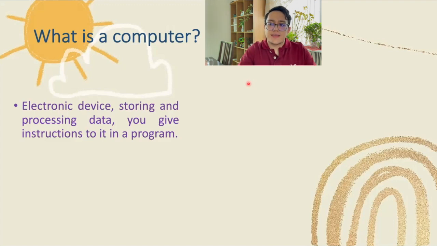Computers keep data for you. For example, what are data? Data are your pictures, your music, your games, and your digital homework or anything that is digital. So anything you want to keep, it will keep for you.